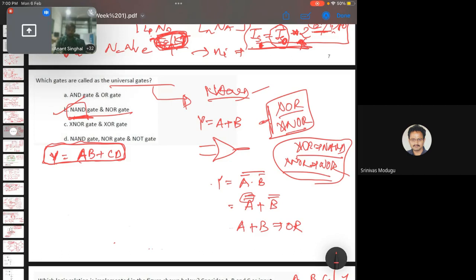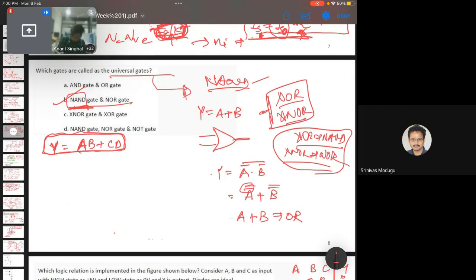So this is the question now. Using the basic AND gates and an OR gate, it will look something like this: AB and then CD, and then OR. So it is AB plus CD.